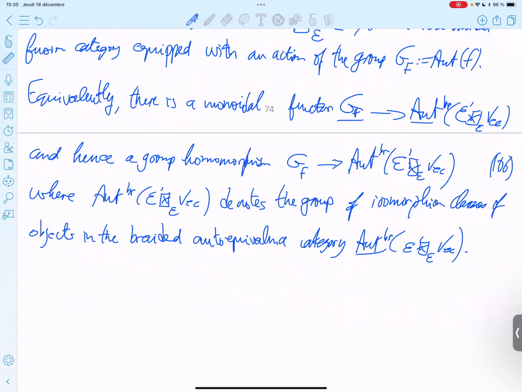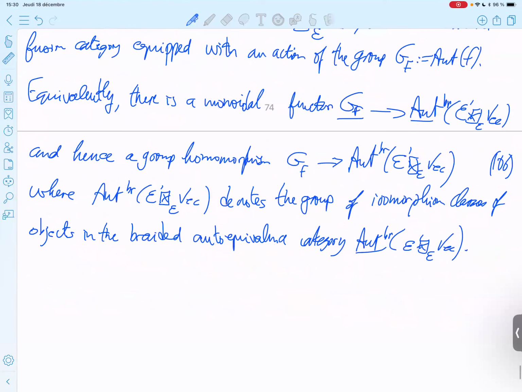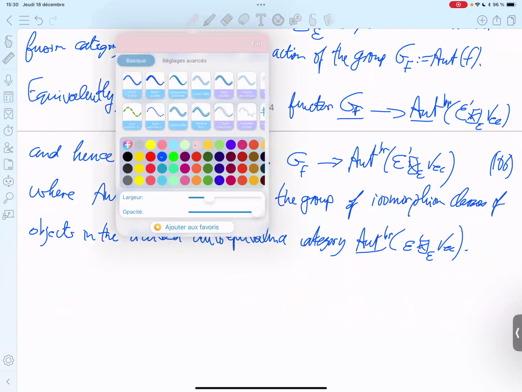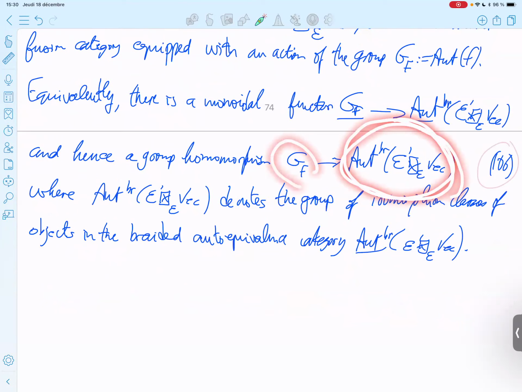So now you have this group homomorphism here. What acts is this group? In fact, the image of that completely determines the action of the group, and completely determines the data we need.